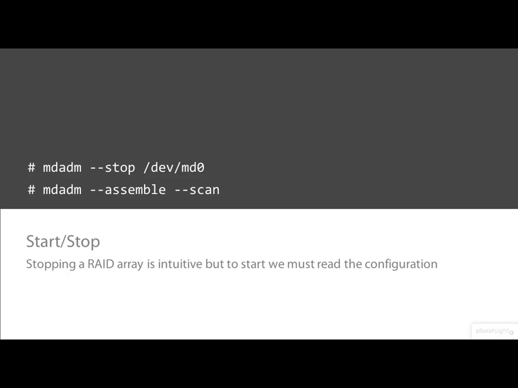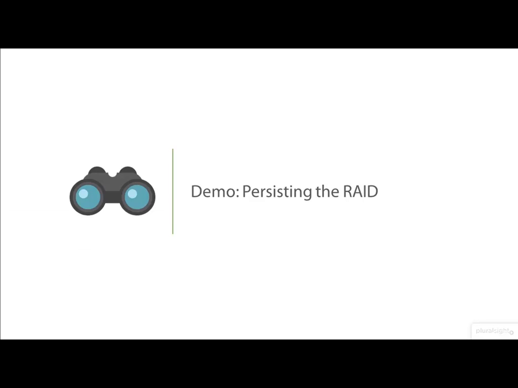In this way, we're checking for any RAID array that's not built that exists within the mdadm.conf file. So yes, we have the stop command, but we don't have a corresponding start command. We assemble the array.